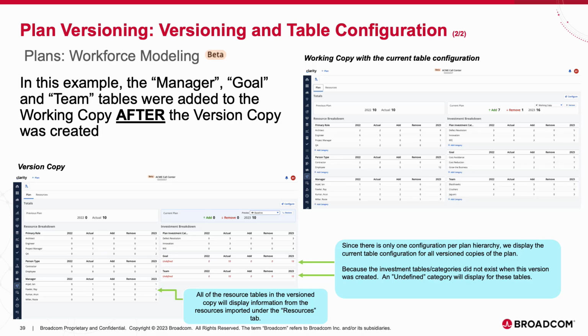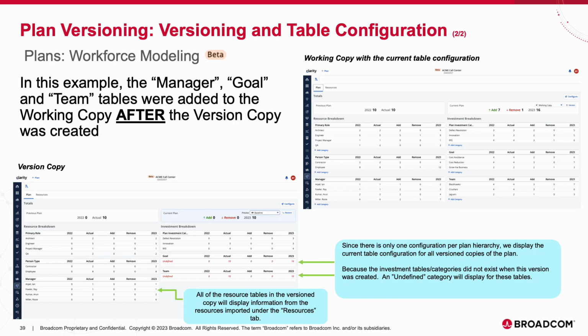So the way it looks is that if we view the version copy, it will work on the current table configuration, and it will also add the goal, team, and manager tables, and you can view them within the version copy. But it will behave differently if it's a resource versus an investment.